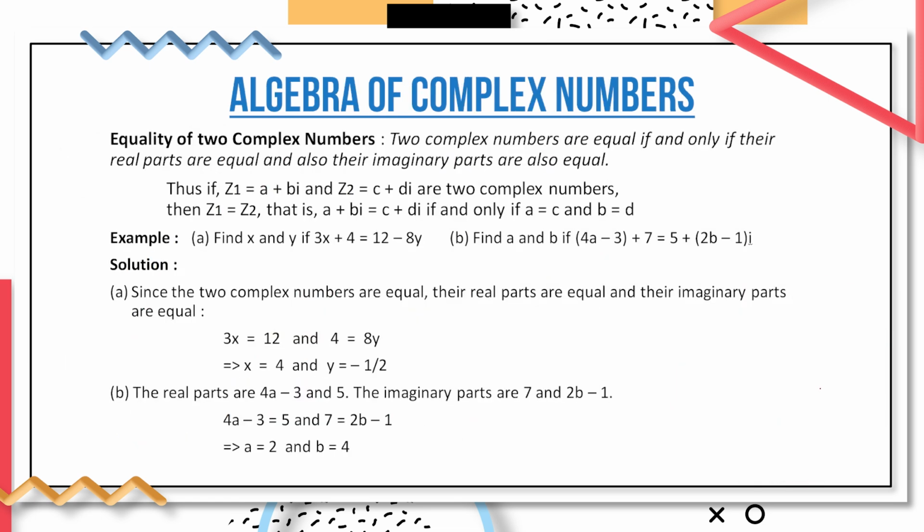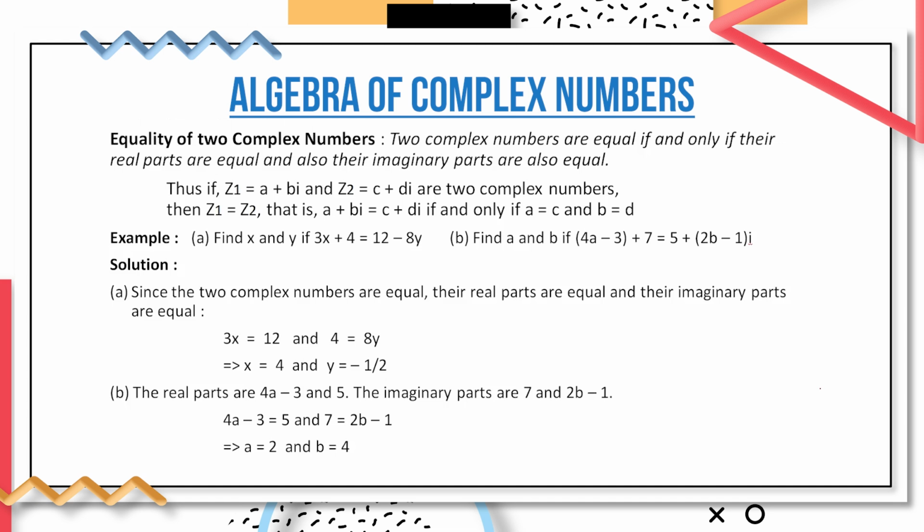Now, let us continue our discussion towards the algebra of complex numbers. The first and foremost important thing to understand is when two complex numbers are said to be equal. The equality of two complex numbers is related to when their real parts and their imaginary parts are equal.